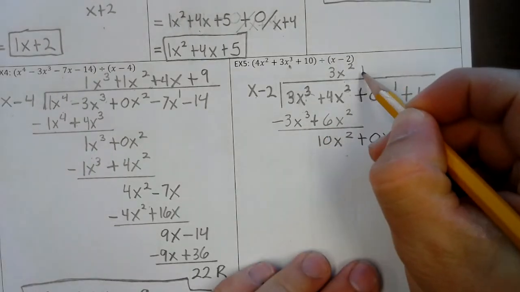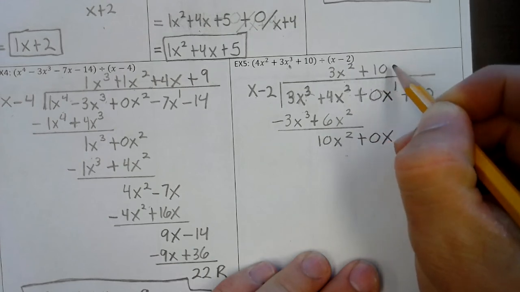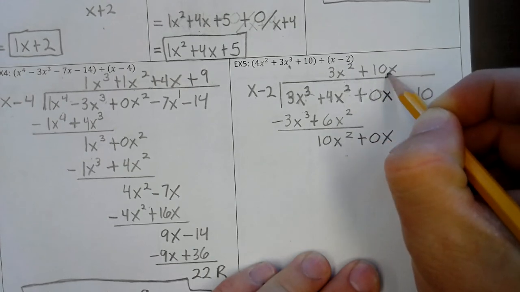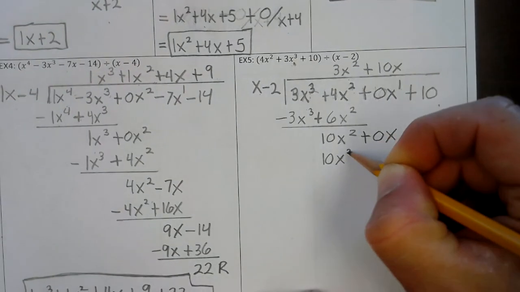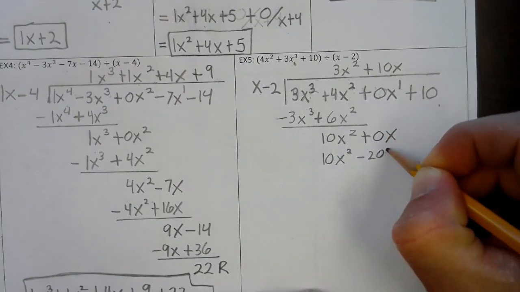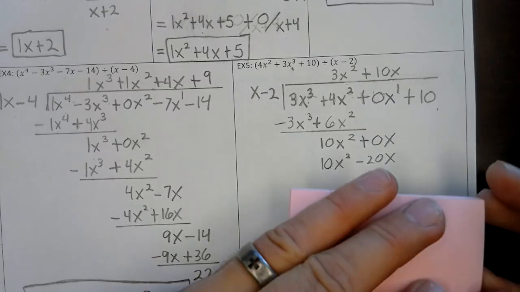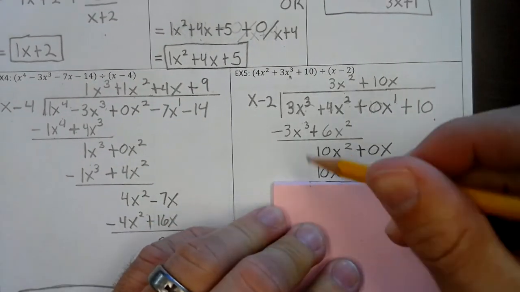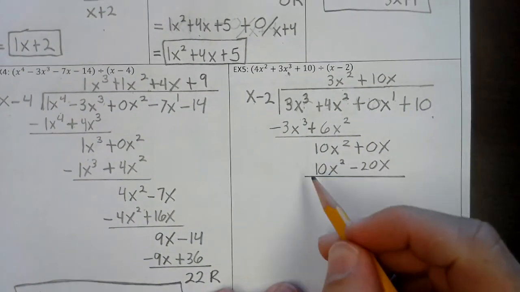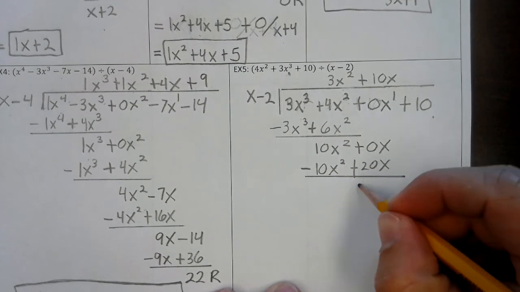Well, 10x times. So then 10x times x minus 2 is 10x squared minus 20x. We subtract. Subtract negatives positives, you get 20x.